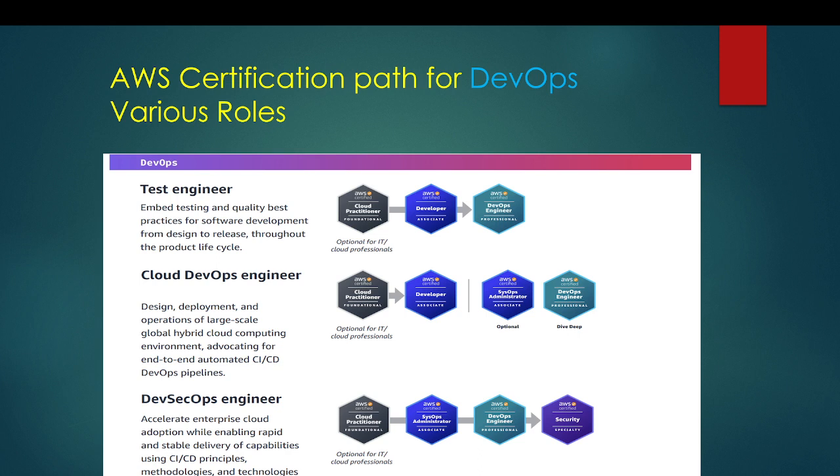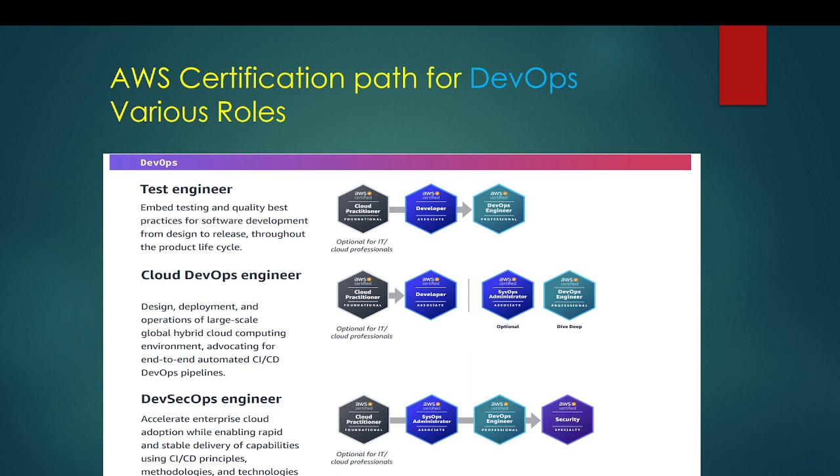Okay, then we go for the next certification recommended by AWS, the Developer Associate. Basically this is for the complete CI/CD pipeline and the code services, meaning code commit, code build, and how we handle the source code.